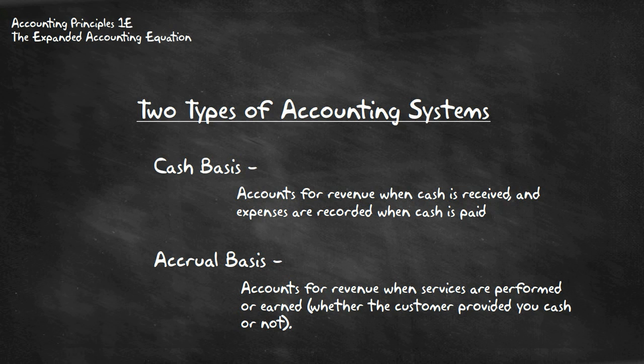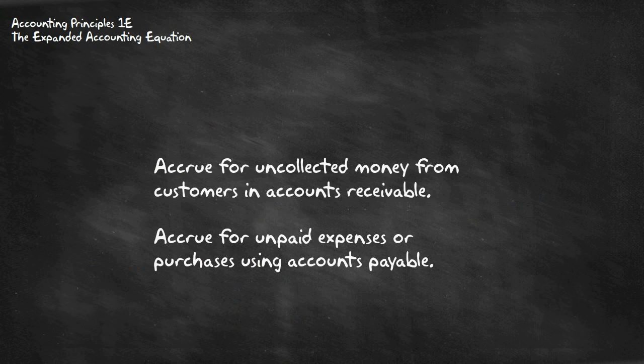In our examples, we will be using the accrual basis, which is most common in organizations, and account for revenue and expenses as they are earned or purchased, and we accrue for uncollected money from customers in accounts receivable, and unpaid expenses or purchases using accounts payable.